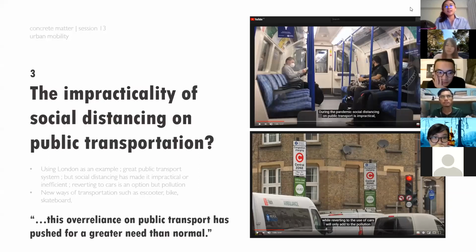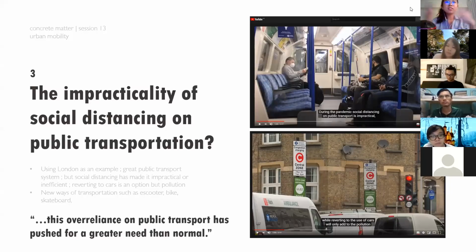So imagine a bus that can take about 20 to 30 people. Right now you can only take 10, and it's a waste. It's back to the objective that we mentioned earlier, transporting large numbers of people and also achieving economies of scale. And if we don't use public transport and revert to the use of cars, it's going to worsen the pollution issues.